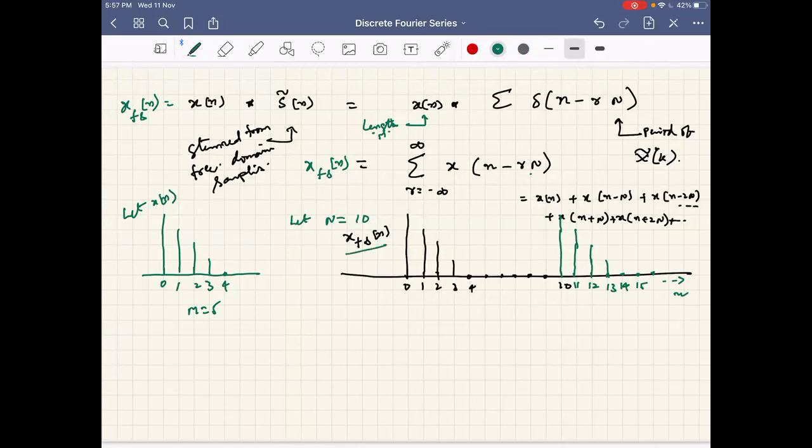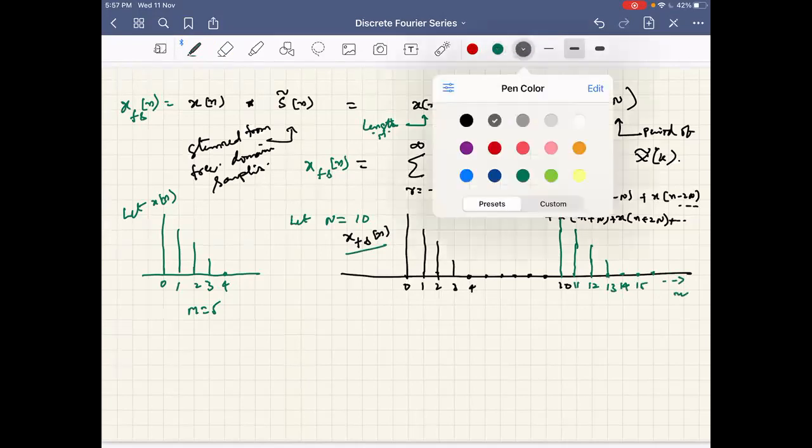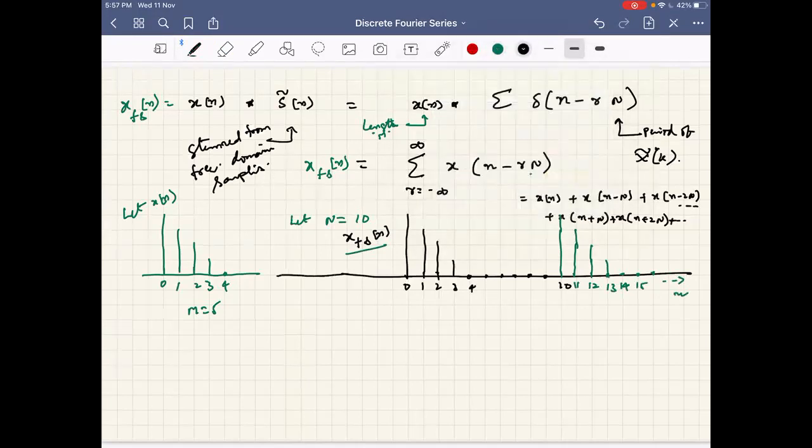Similarly, what will happen this side? Please note that the repetition also happens this side. So the same thing repeats. So minus 1, minus 2, minus 3, minus 4, minus 5, minus 6, minus 7. So the repetition starts from minus 10.